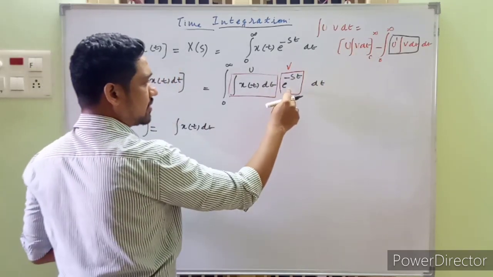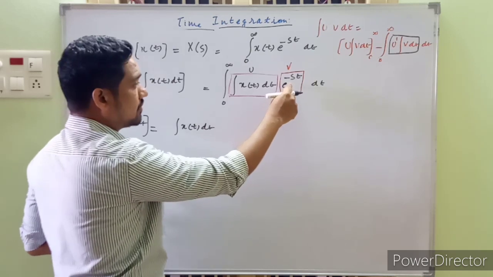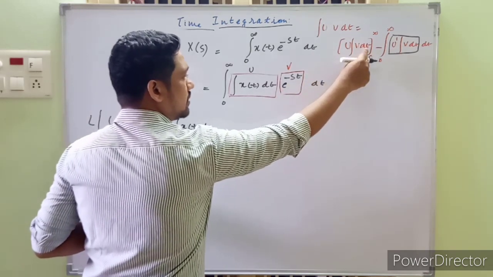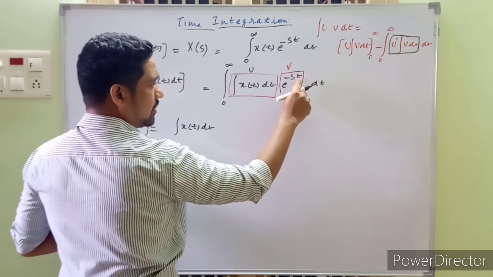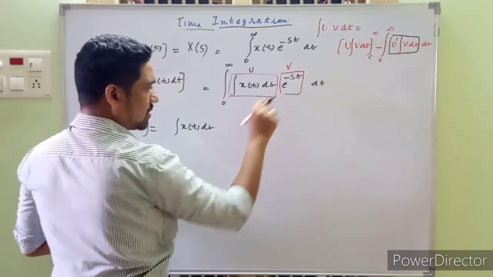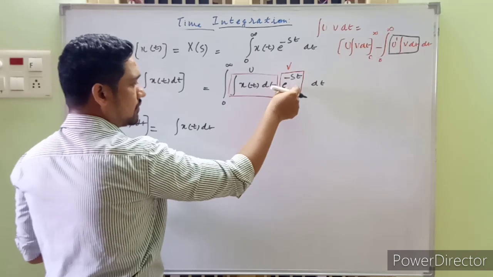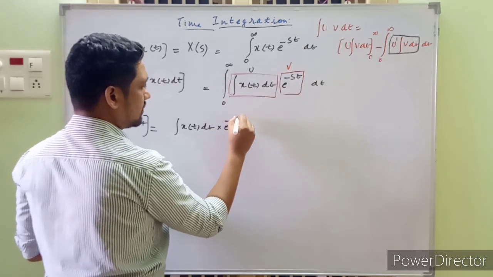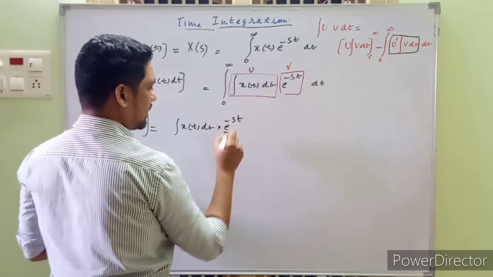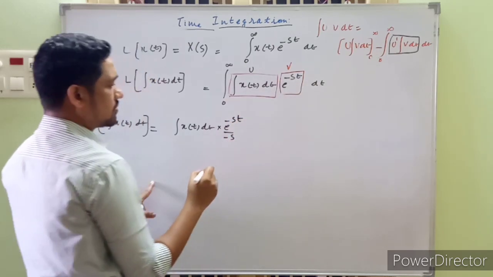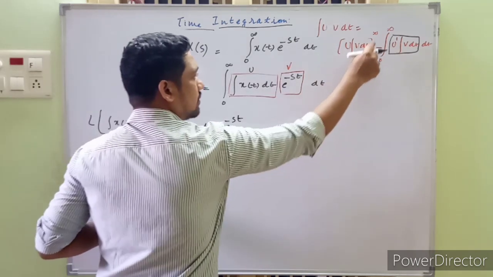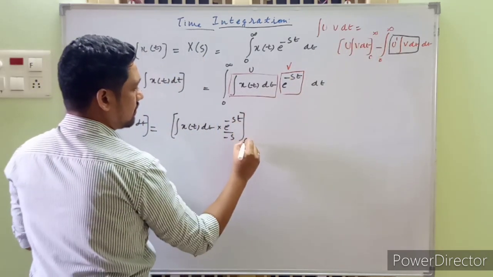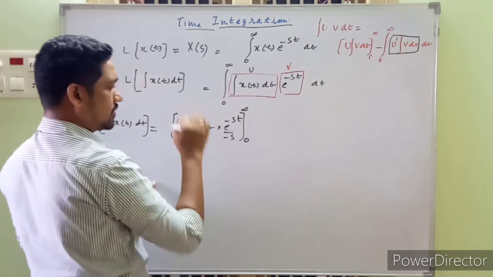The second term here is e raised to minus st, and its integral with respect to t, where t is the variable and s is the constant, is e raised to minus st upon minus s, because minus s comes down as the constant. We need to plug in the lower and upper limits here. We cannot stop over here.